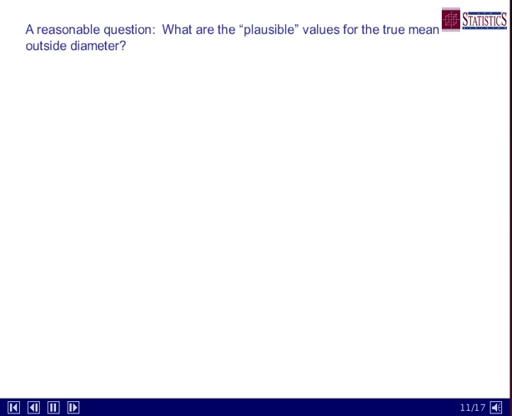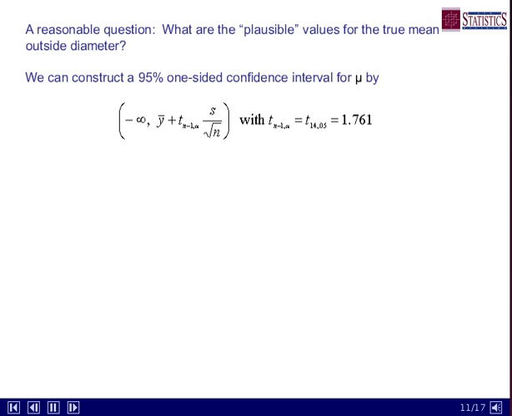A reasonable question when we reject the null hypothesis is, what are plausible values for the true mean diameter? Where are they actually at? We can construct a 95% one-sided confidence interval here for the true value of mu. This interval would run from minus infinity to an upper bound.